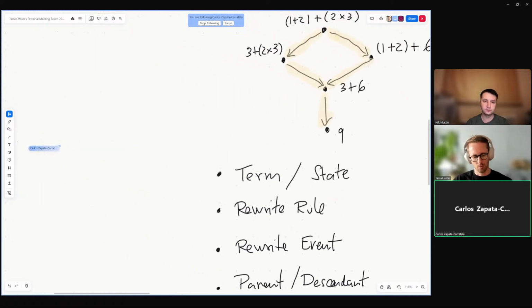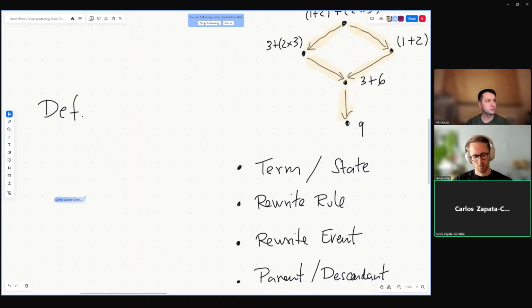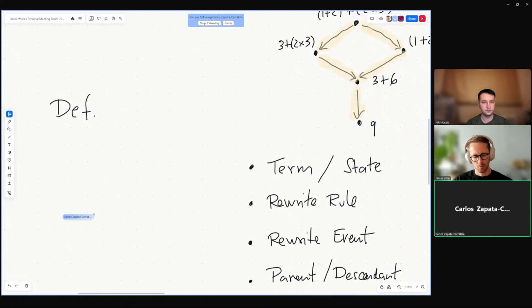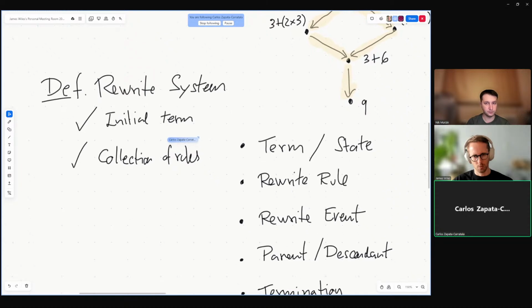So as a definition, just as a sort of concluding remark almost, I'll go over these other terms just to have some notion, but as a concluding remark, as a definition, a rewrite system is usually given by an initial term, a collection of rules, and that's it.